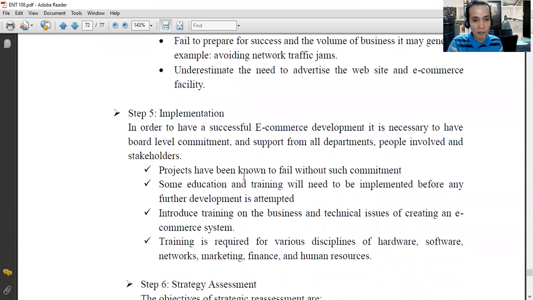Next, the implementation part. The respective organization should be committed in the implementation of that e-commerce system or platform.